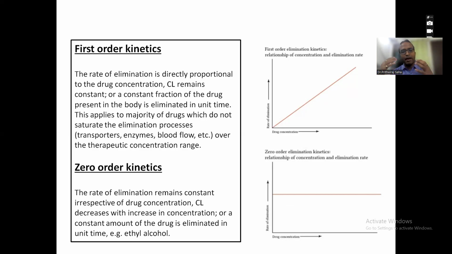So as you increase the amount of drug administered in the body, the amount of drug excreted also increases linearly, because it is the fraction which matters, not the absolute number. Whereas in zero order kinetics, it is fixed. Whatever drug you administer, a fixed amount of drug will be eliminated. So in first order kinetics, most of the drugs come in the list.